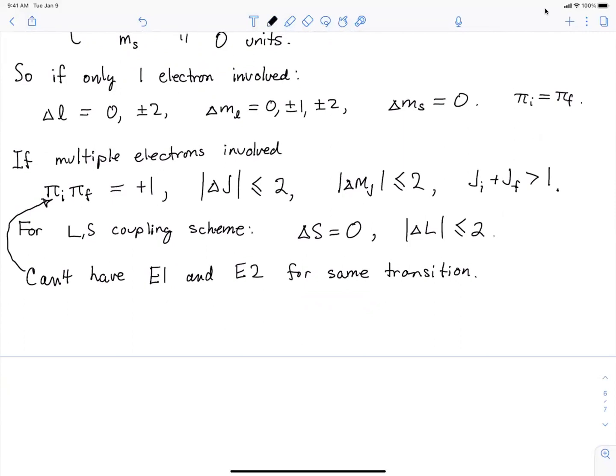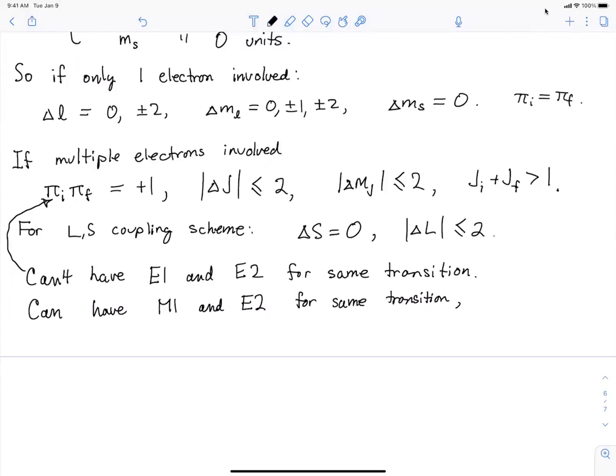Now you can have magnetic dipole and electric quadrupole for the same transition, because they both don't change parity. But E2 allows more transitions than M1 does.